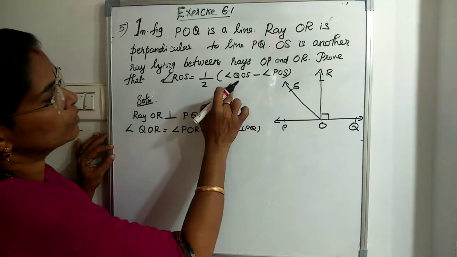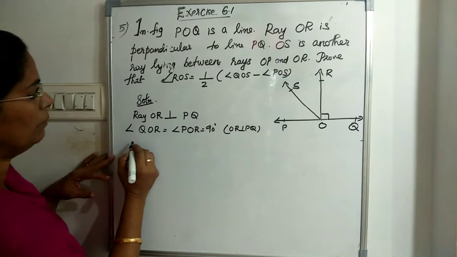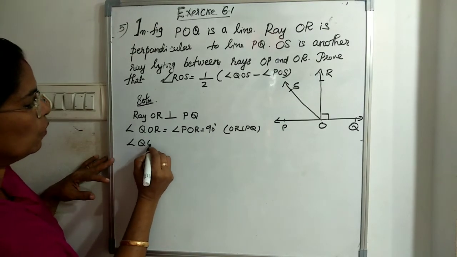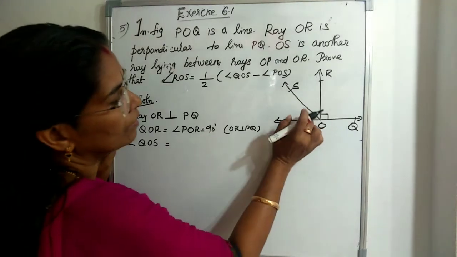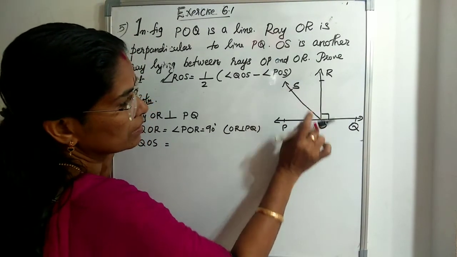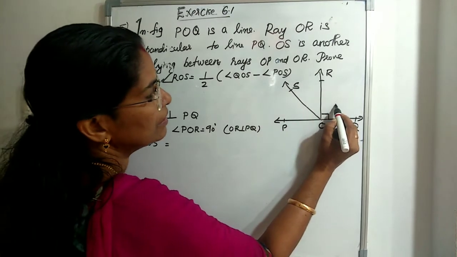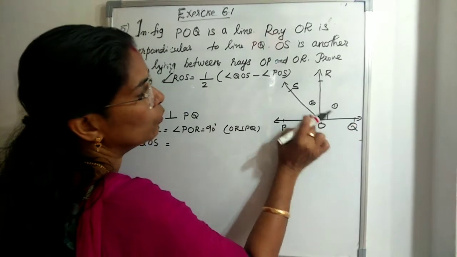Now look at the question. We need QOS. So what will be angle QOS in terms of this QOR? Look at this angle. We need this big angle QOS. So we can say these two angles are adding.